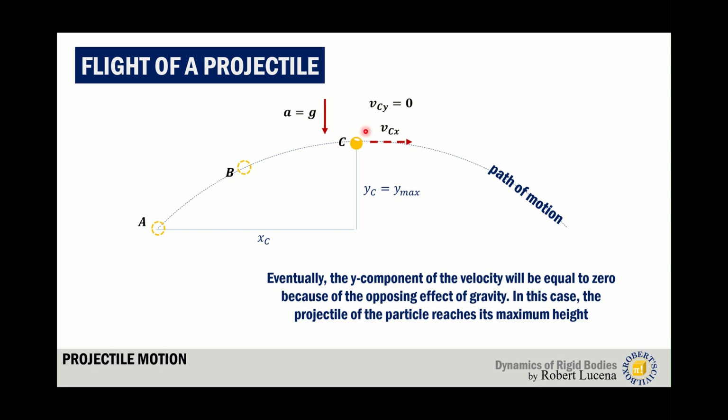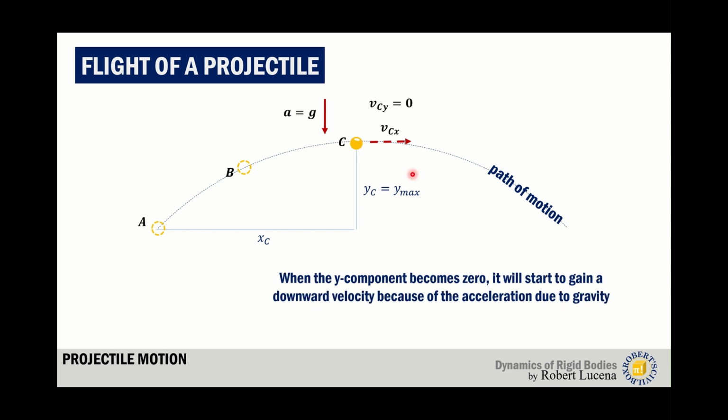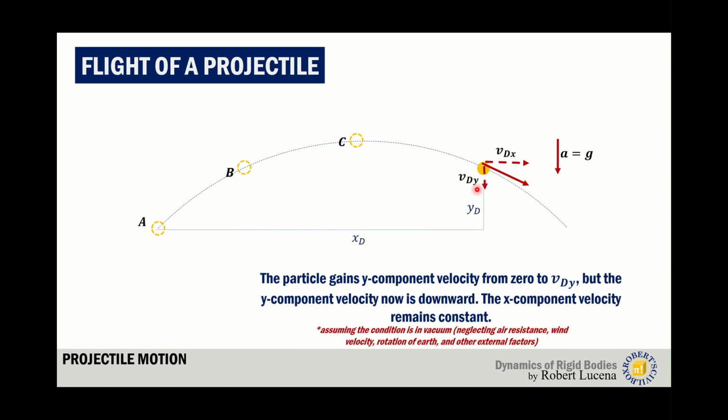So this becomes the point where the particle reaches the maximum height. Again, it starts to gain a downward velocity and will no longer move upward; rather, its position along the y-axis will start to go downward.